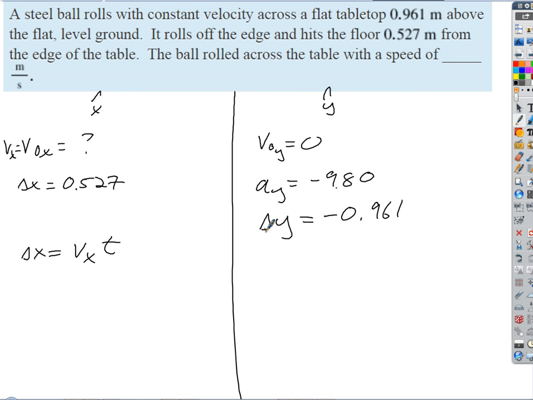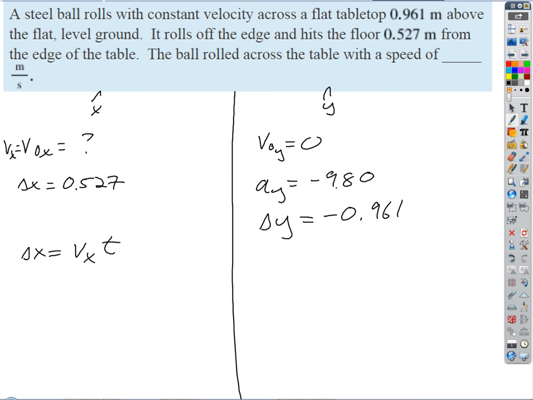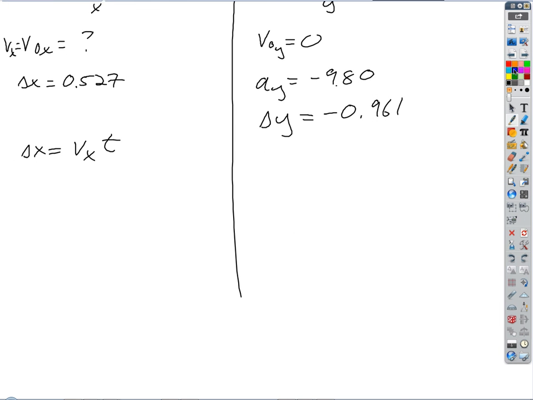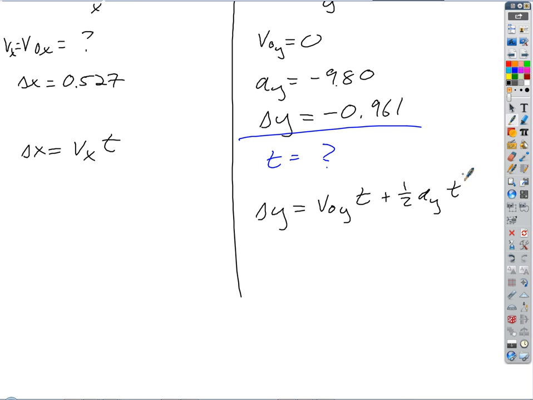So if we use equation number 3, we get delta y equals v naught sub y t plus 1/2 a sub y t squared. Well, that one's just 0, right?